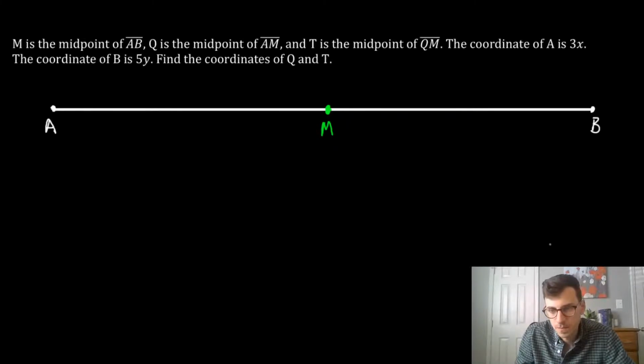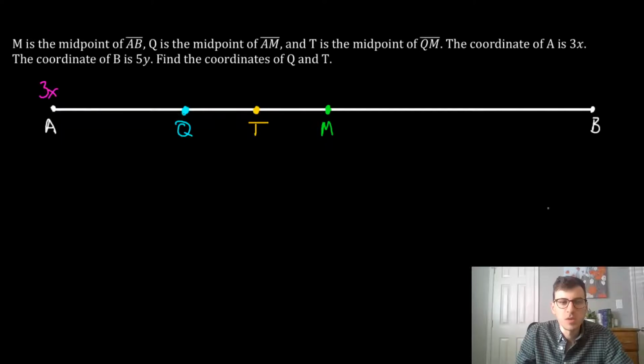Q is the midpoint of AM. And T is the midpoint of QM. The coordinate of A is 3x.